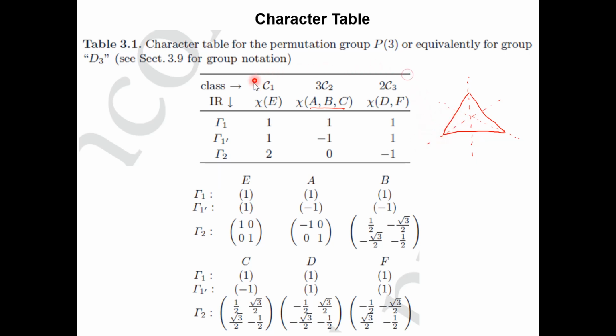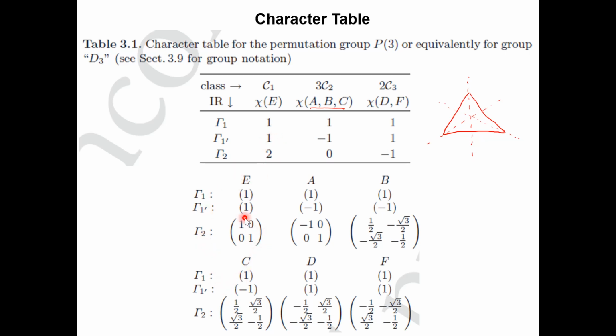This is a typical notation that we use to symbolize a class, by indicating what symmetry operations it corresponds to, and the numbers 3 and 2 indicate the number of group elements in the class: 3 elements, 2 elements. And in the different rows you have the different irreducible representations. As we discussed last time, for this group we have 3 irreducible representations. Gamma 1 is just the identity representation, the number 1 for all elements. Gamma 1 prime has either plus 1 or minus 1, and is also a one-dimensional representation.